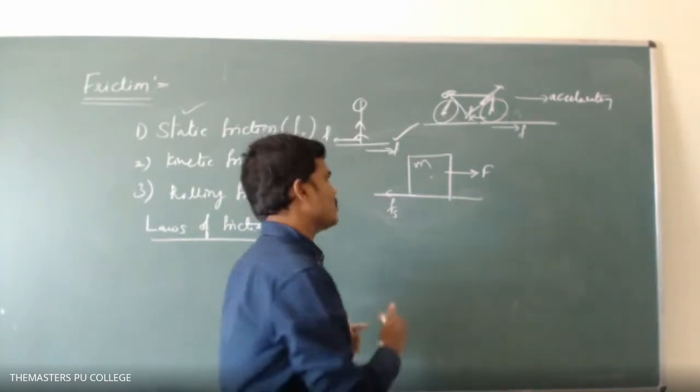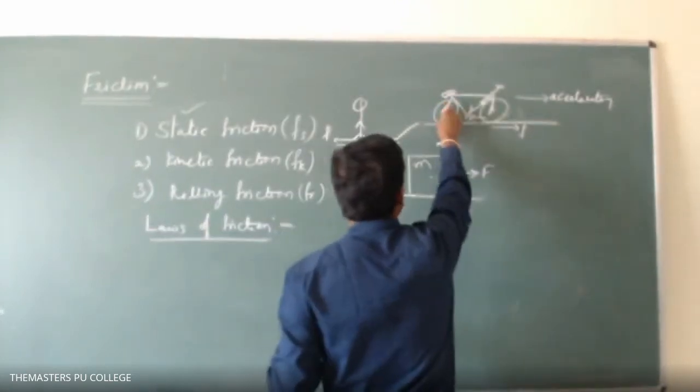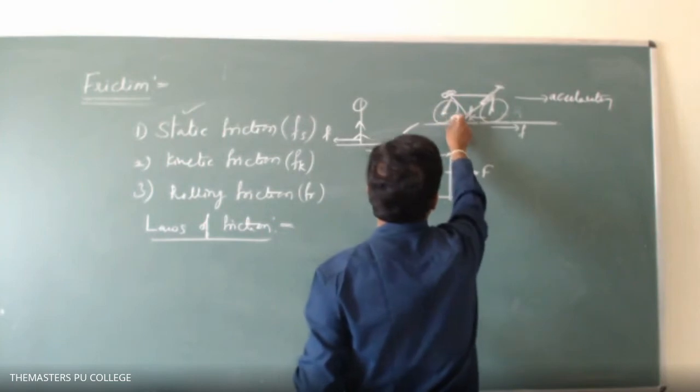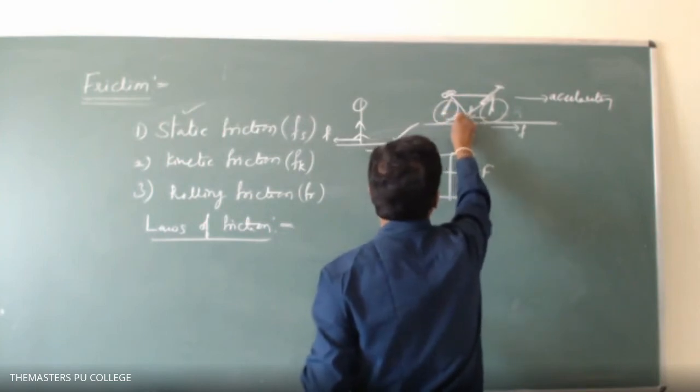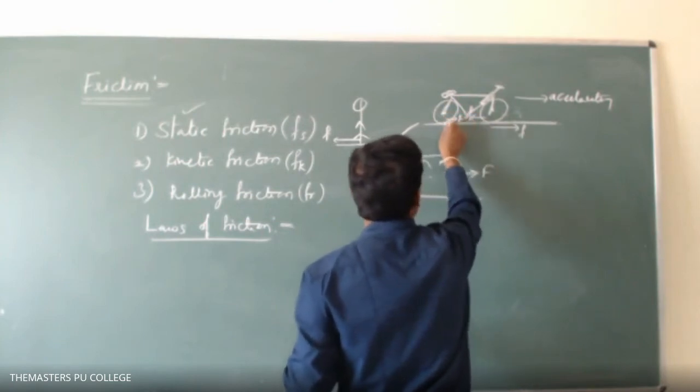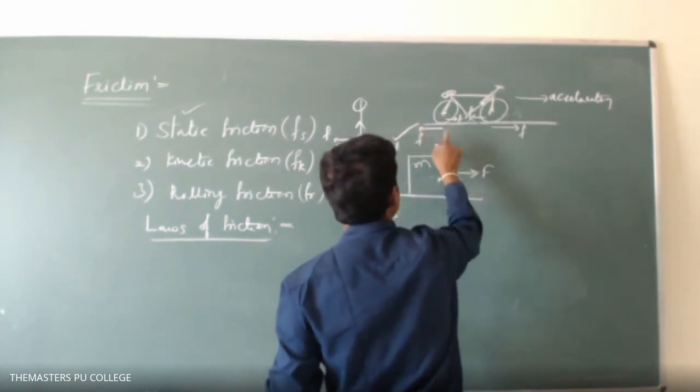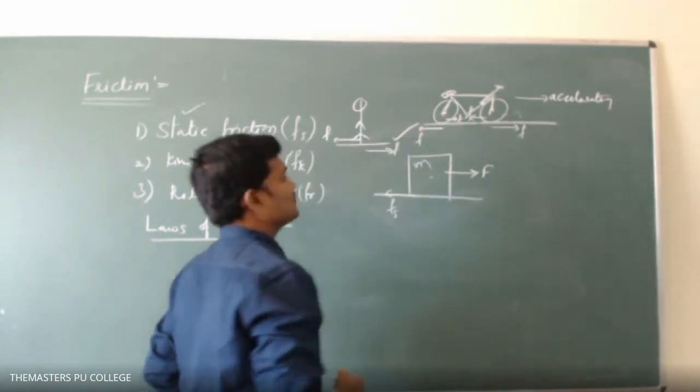Actually, due to the torque, the frictional force on the back tire is forward and on the floor is backward. See, this is the direction of the frictional force.